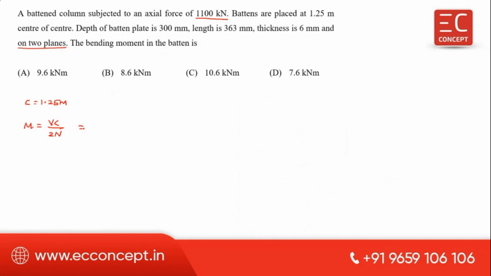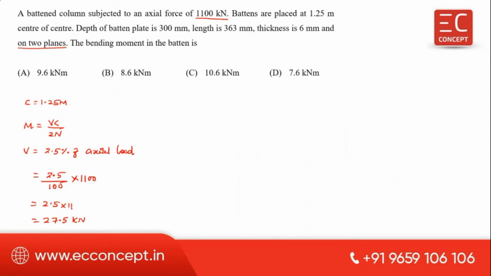So V is equal to 2.5 percent of the axial load, which is 2.5 divided by 100 into 1100. If you simplify this, you will get 2.5 into 11. So the answer is 27.5 kilonewton.